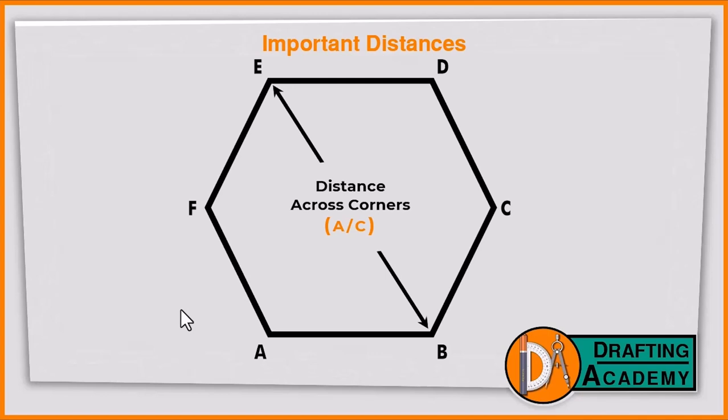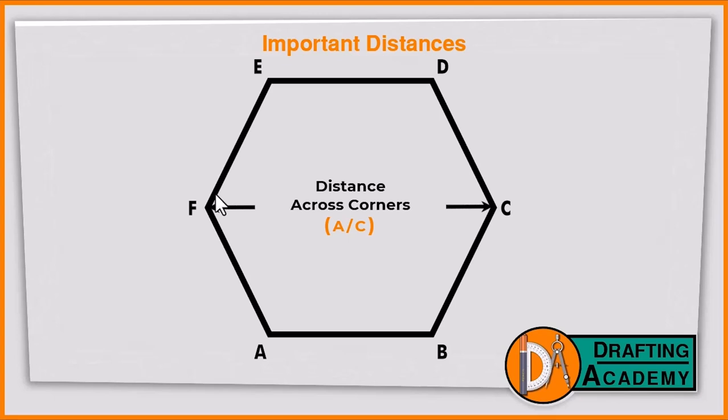The distance across corners might be confusing at first to picture, but as you see more of them, you easily begin to visualize the concept. What you must look for is two vertices that are opposite each other, for example F and C. Then you measure the distance between them. That will be the distance across corners.